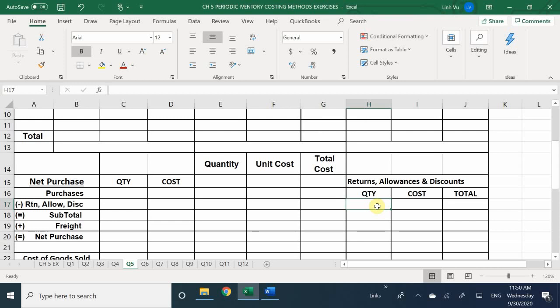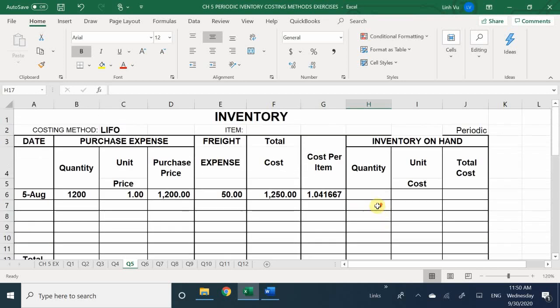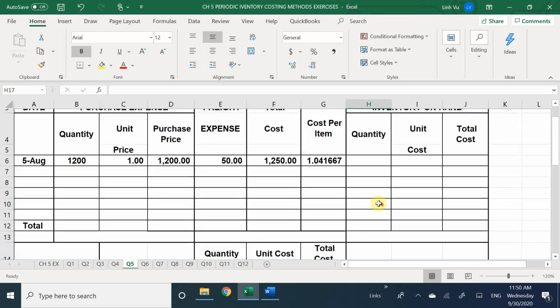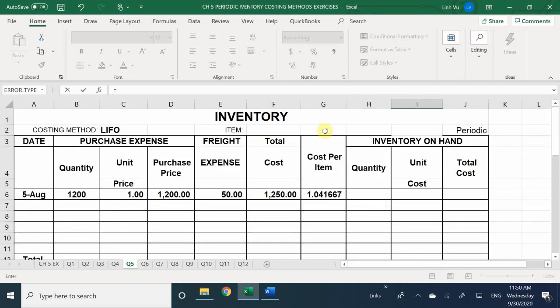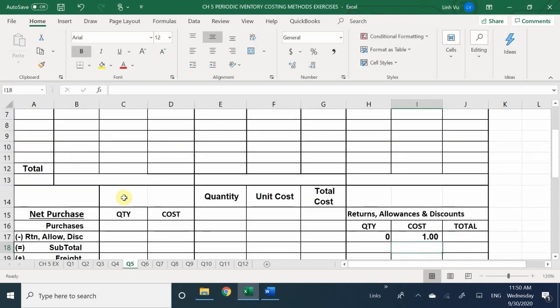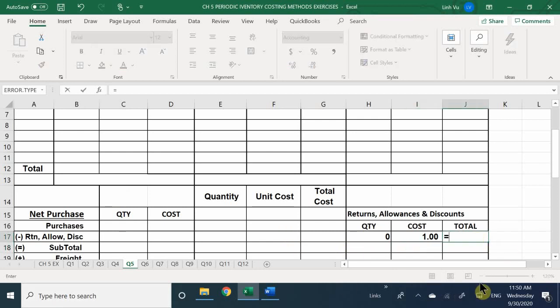But in this very scenario, am I really returning the 200 items? No, I'm not. But I know that those 200 items cost me $1 each. There's only one batch, so you can safely assume it's the $1.